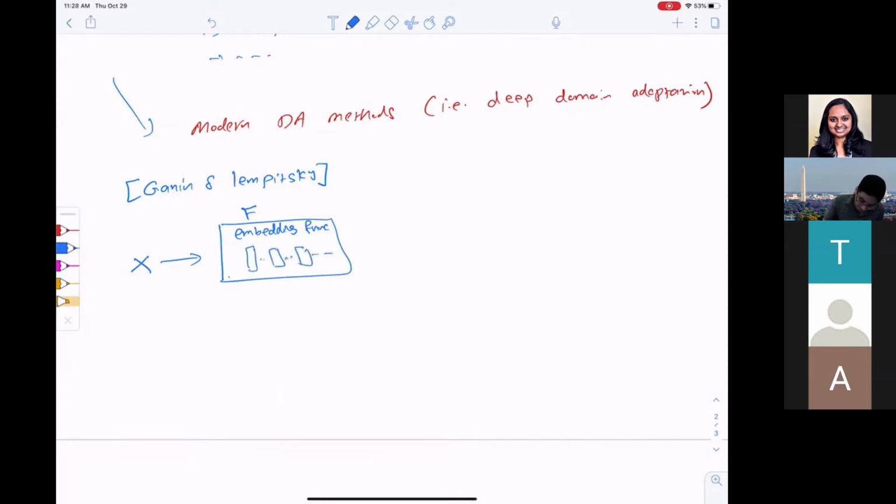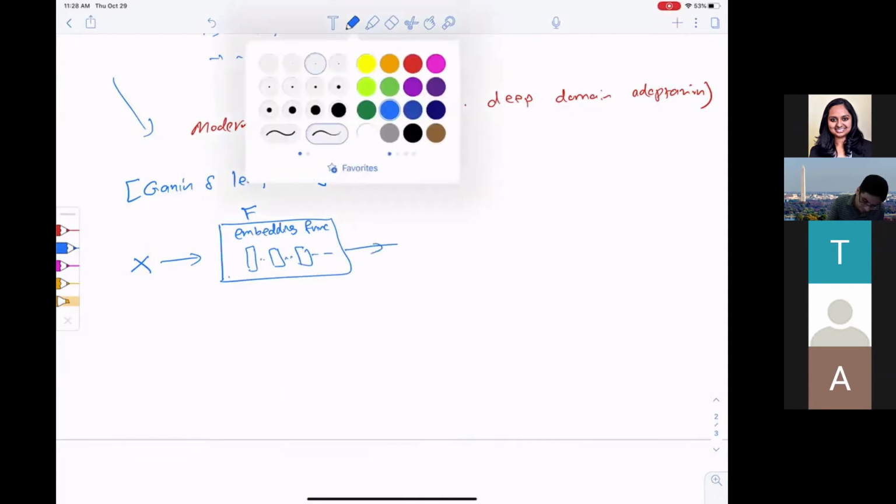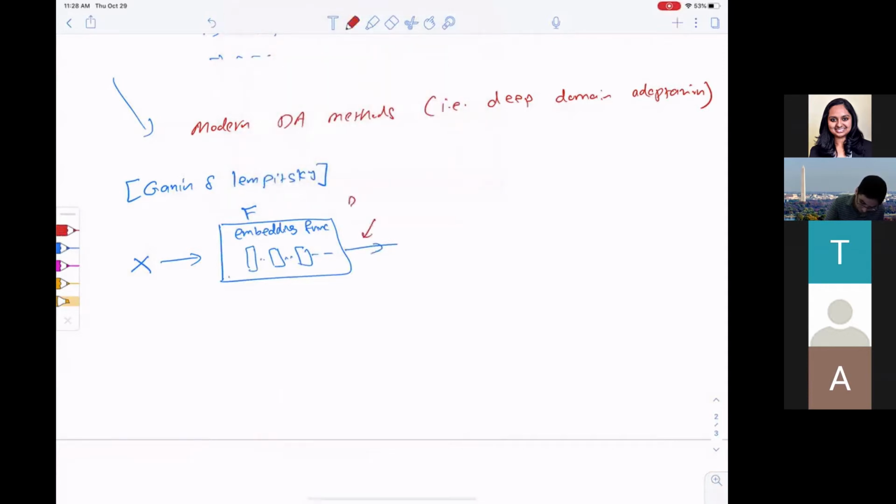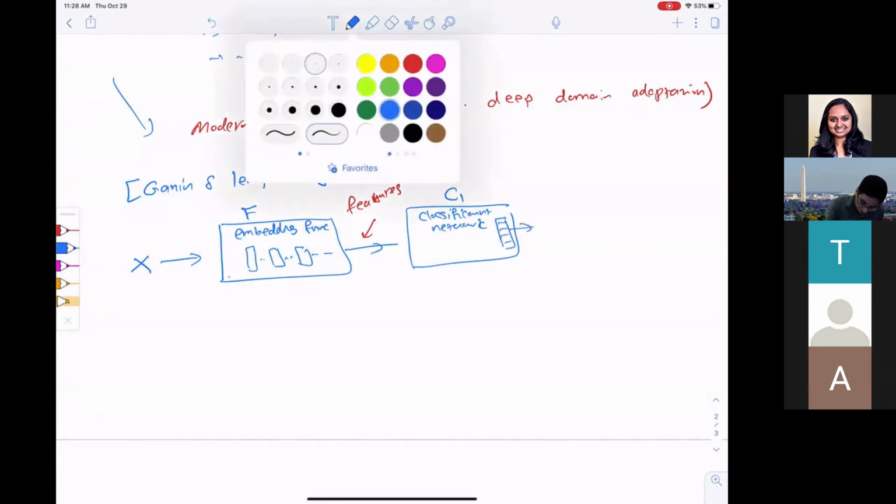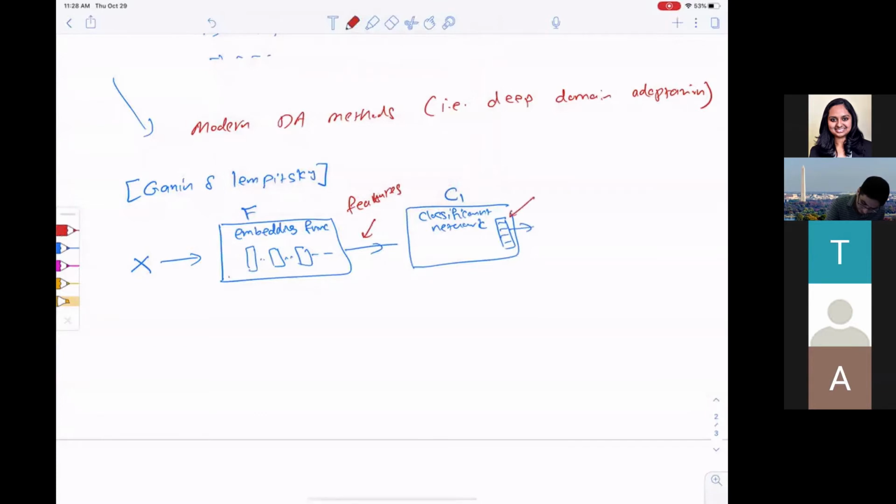At the end of the day, it provides some features. We use these features in a classification network, let's say C1, in order to map these features ultimately to labels. These are the labels that I want to predict.